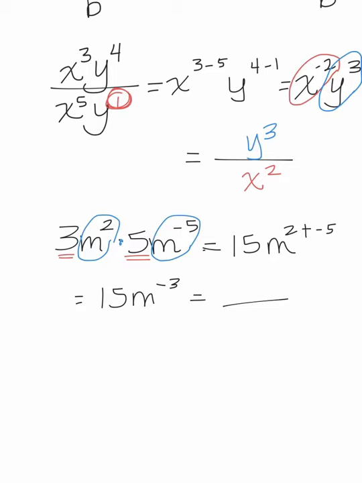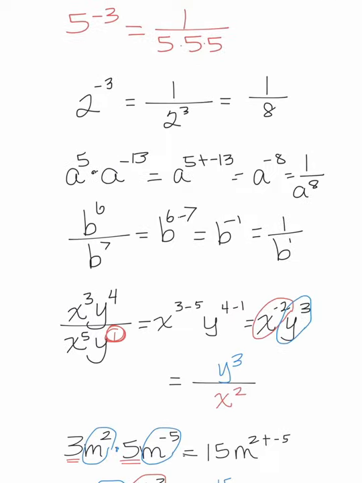This 15 and this m to the negative 3, they're different. They're separate, okay? So what is going to flip onto the bottom? Just the m, and the 3 becomes positive. So what happens with the 15? It goes on the top. Okay, so this is what I was saying earlier. The only time you put a 1 on the top is when you have nothing else, like on this one.